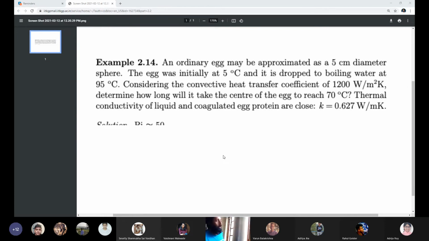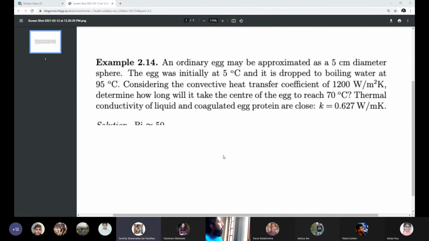So there is no way because the time is being asked. Time is not given, so you do not know whether t hat is greater than 0.2 or not. So what is a wise thing to do? Like we use the full solution.